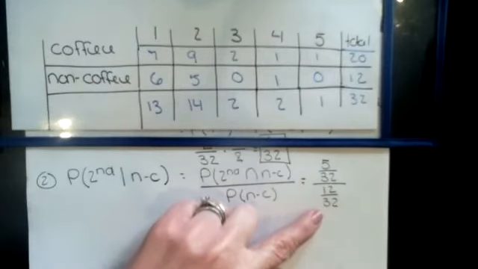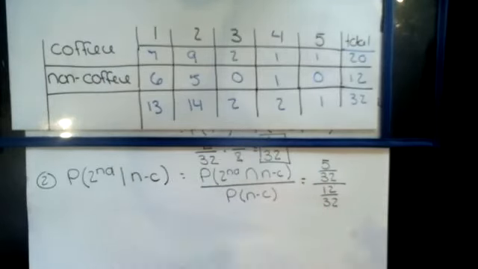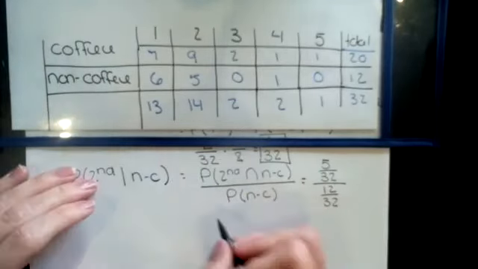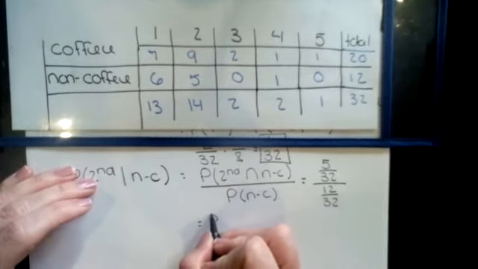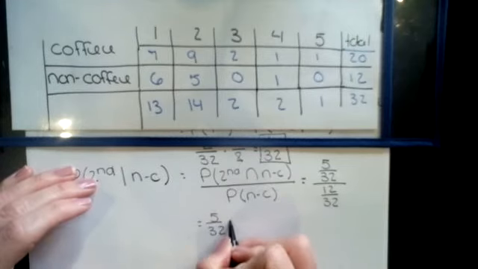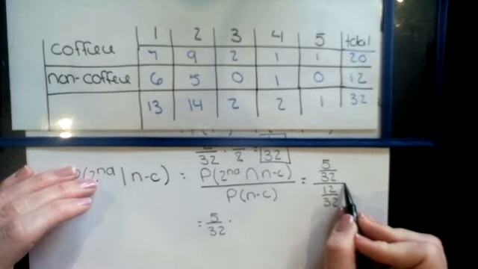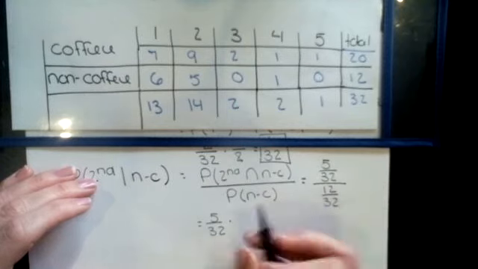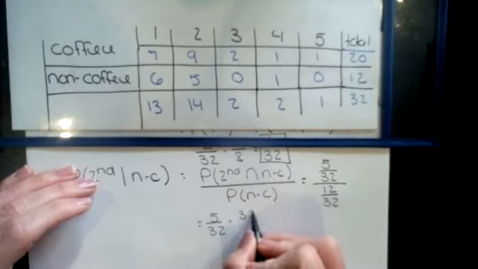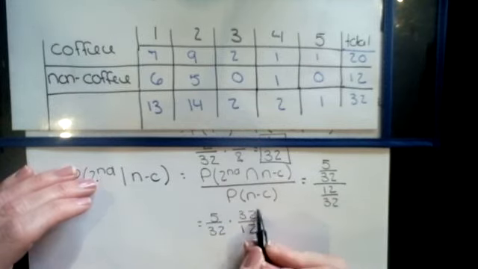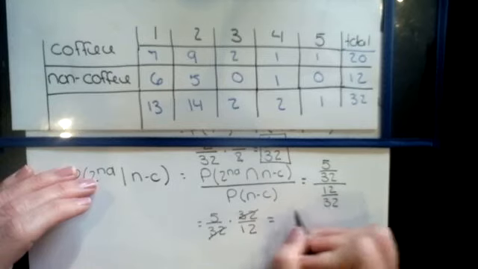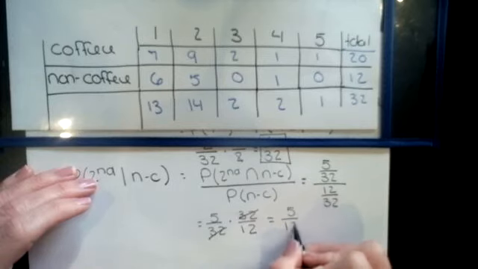When we have this, we can just look and say, oh, the denominators cancel. You can keep, change, flip, meaning you could say it's 5 over 32 times. So keep the numerator, change my division to multiplication. I'm going to flip the denominator like this. And you can see those 32's cancel, leaves me with 5 over 12.